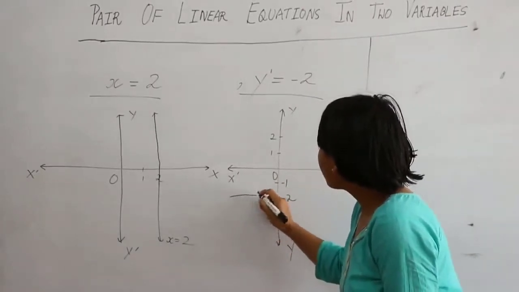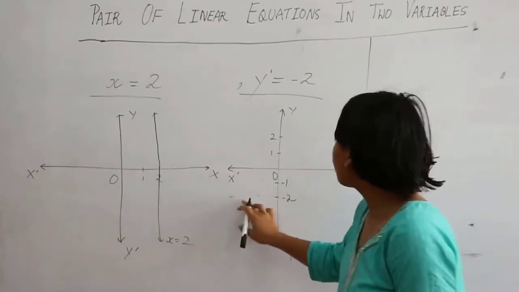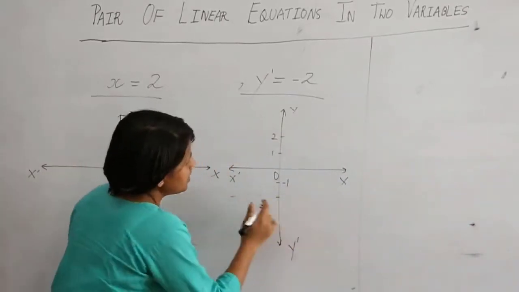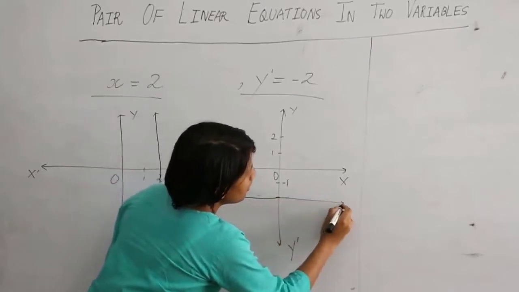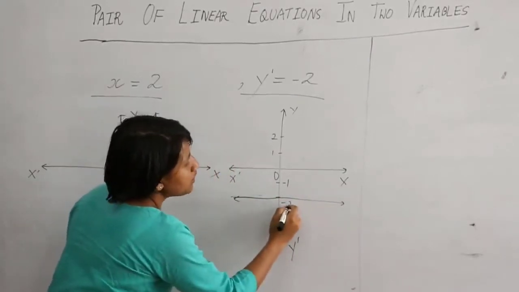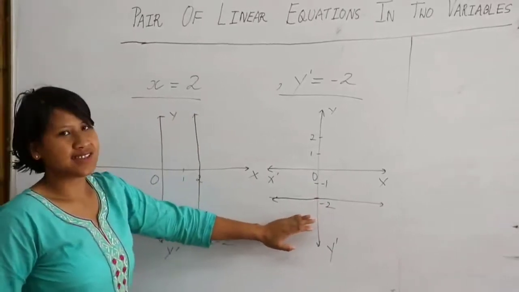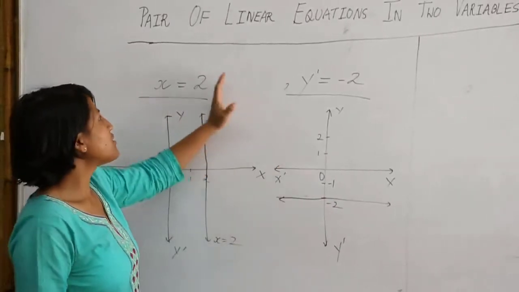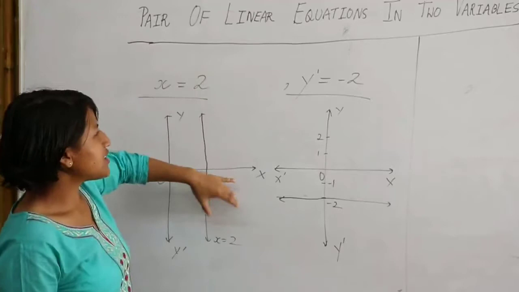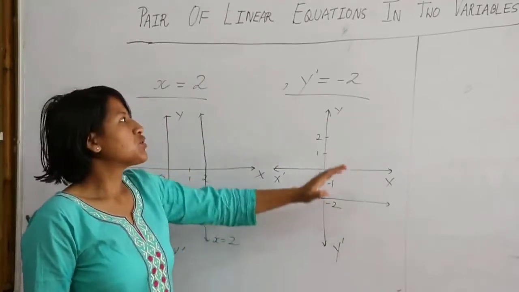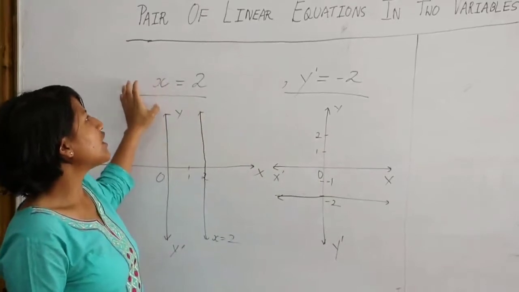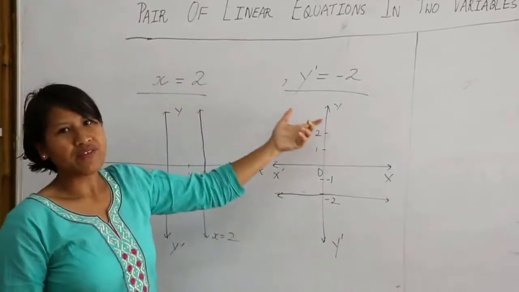The graph of this equation will be passing through -2 here, and it will be parallel to the x-axis. So just remember, x equal to a constant is parallel to the y-axis and y equal to a constant will be parallel to the x-axis. So this is the case for a linear equation in one variable.